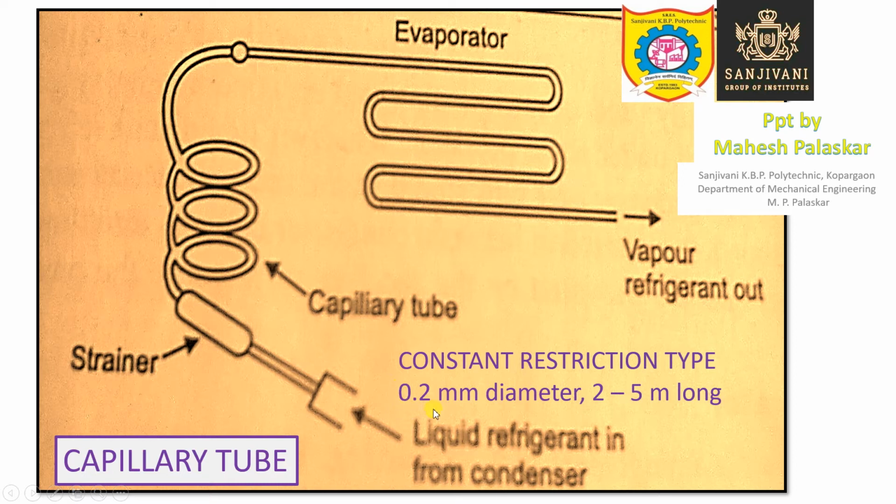So depending upon the practical conditions, the loading conditions, the design of the expansion device, that is the capillary tube, is done, the internal diameter and the length. If you increase the length of the capillary tube, the restriction will be increased and that will increase the reduction in pressure, right?